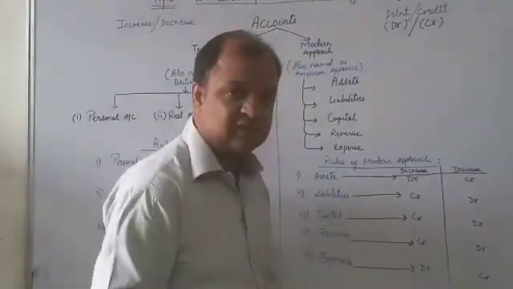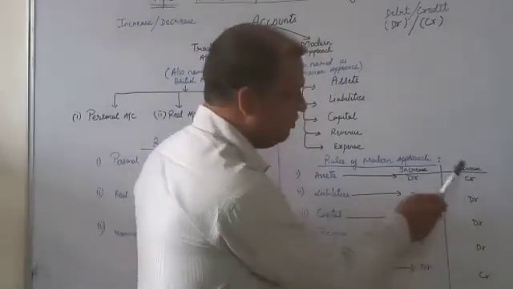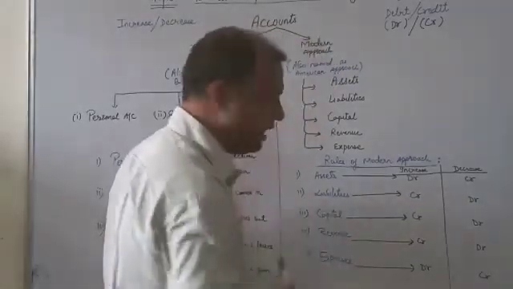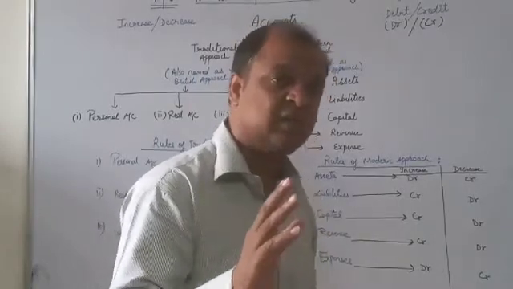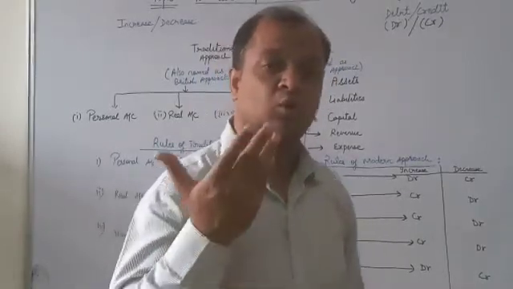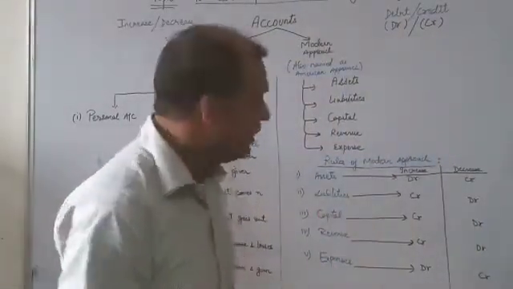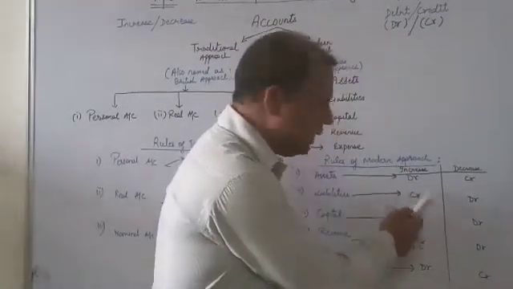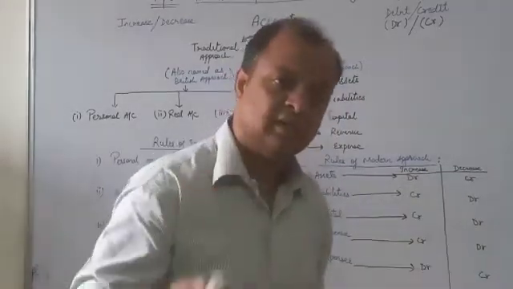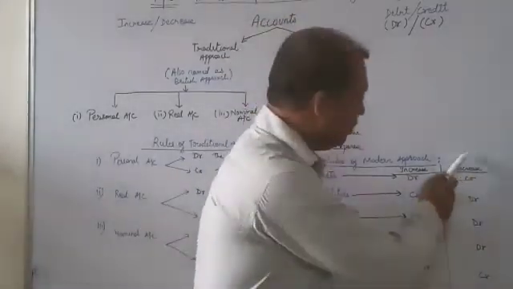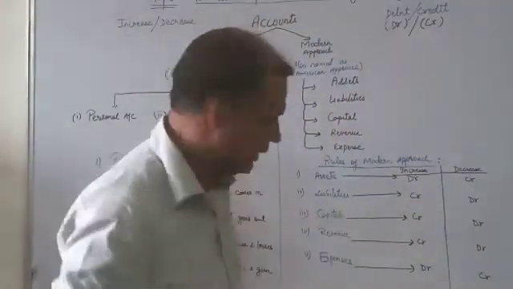So rule of asset says if asset is increasing we will debit it, if assets are decreasing we will credit it. Okay. Similarly liability is the amount which firm owes to outsiders. Any money that the business has to give to outsiders, that is the liability of the business. If liability is increasing we will credit it, if liability is decreasing we will debit. Decrease means we have paid, so liability has reduced, so we will debit; if it increases, we will credit.